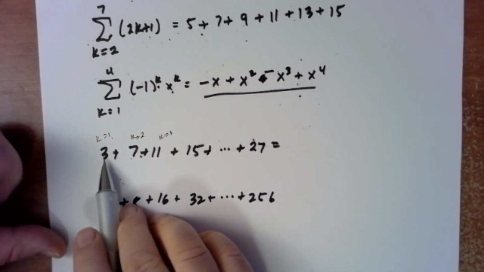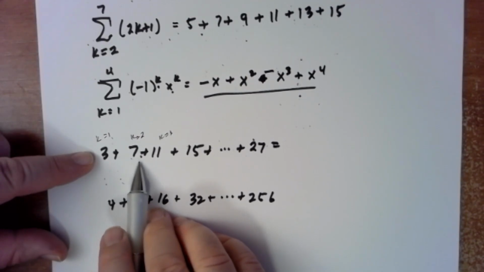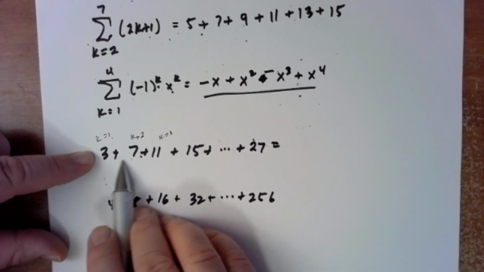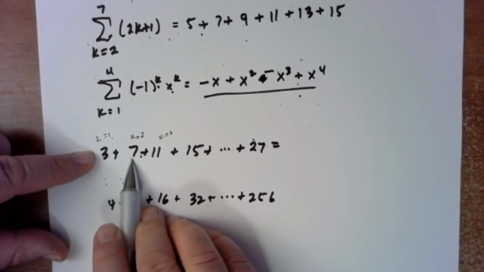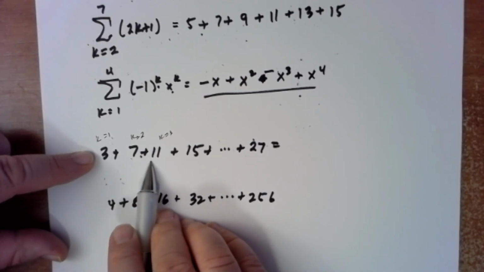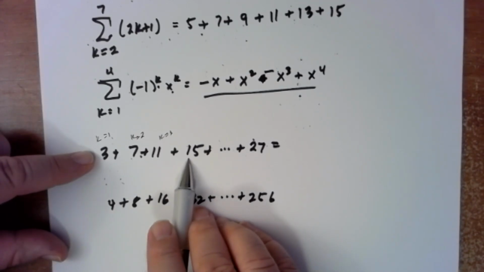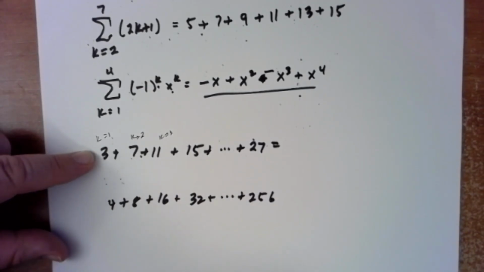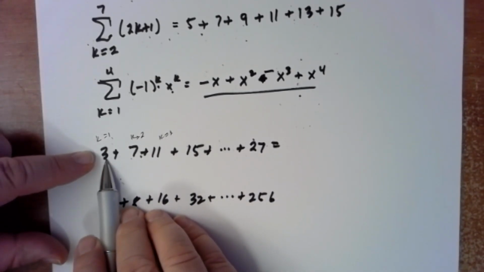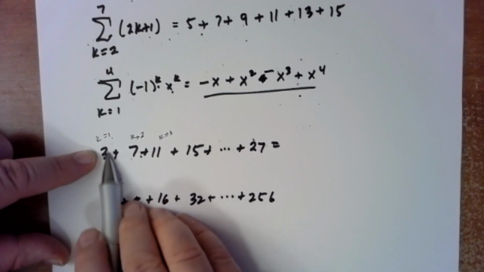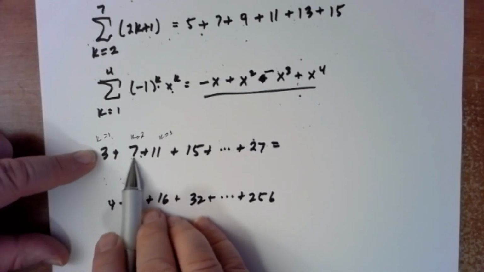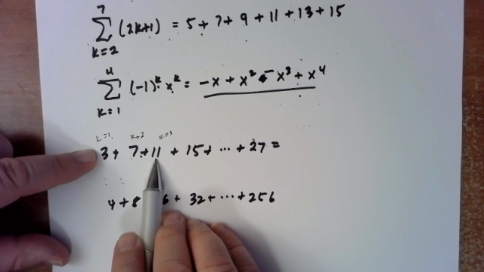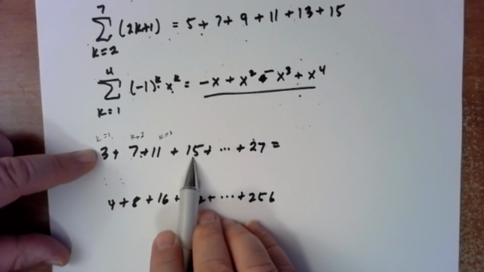The other thing I want to look at is how I'm getting these numbers. I'm starting with a 3, giving a 7, then 11, 15. So it looks like I'm increasing by 4 each time, starting with a 3. So this is just a 3, this is 3 plus 4, this is 3 plus 4 plus 4, this is 3 plus 4 plus 4 plus 4.